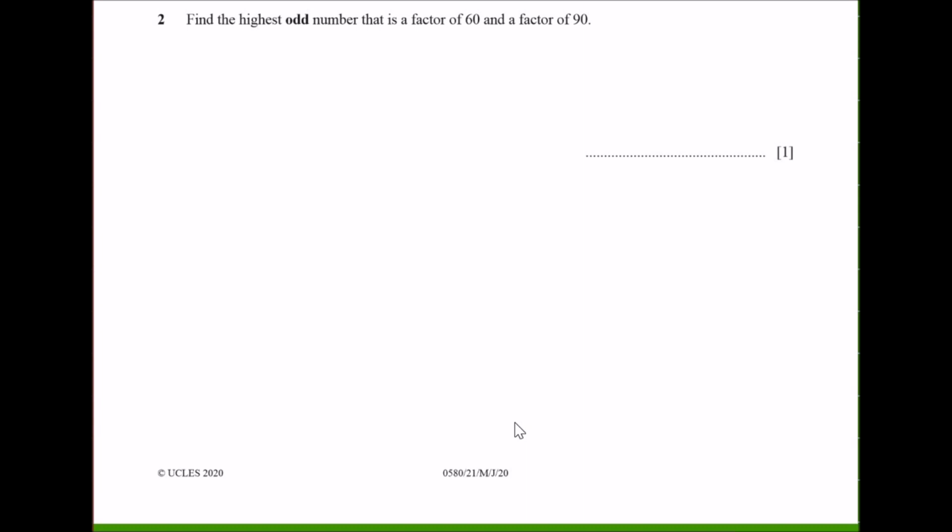Find the highest odd number that is a factor of 60 and a factor of 90. So if you take 60 and 90, 15 is a number which can divide both. So 15 4s are 60, 15 6s are 90. So 15 is the highest odd factor, that is the answer for this.